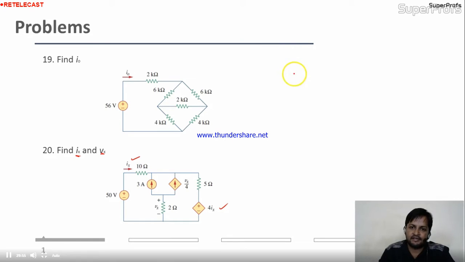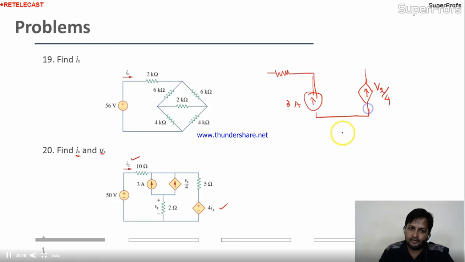Now we'll smash this circuit. We'll do the micro analysis of this circuit. 3 ampere. Fine. Vx by 4. Here the voltage drop is Vx. Is it okay?